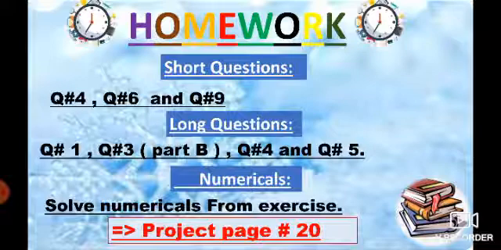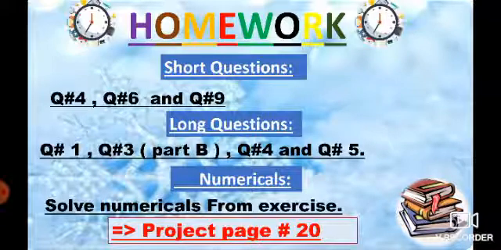Now girls, there is a lot of homework provided to you, because you will have the Eid holidays, so enjoy your Eid as well as solve these homework questions: the short questions are question number 4, question number 6, question number 9, and the long questions are question number 1, question number 3 part B, question number 4, and question number 5.